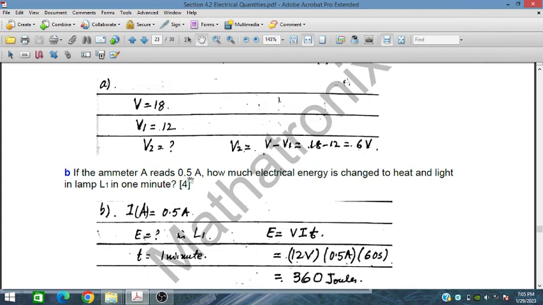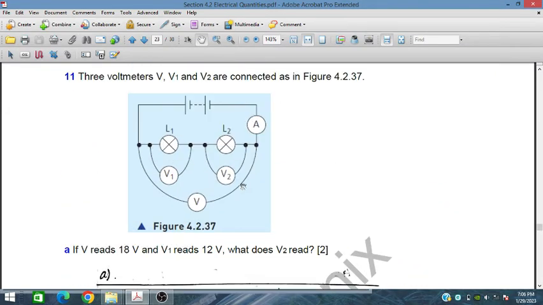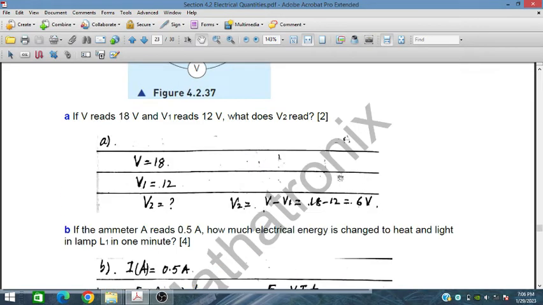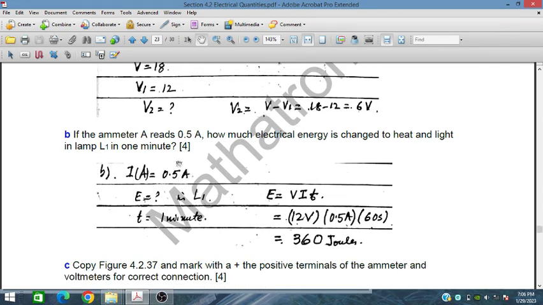If the ammeter reads 0.5 ampere, how much electrical energy is changed to heat and light in lamp L1 in 1 minute? This circuit is in series. Both loads, these lamps, are the loads, and the same current will flow through lamp 1 and lamp 2. The reading is 0.5 ampere, so every lamp has 0.5 ampere passing through it.